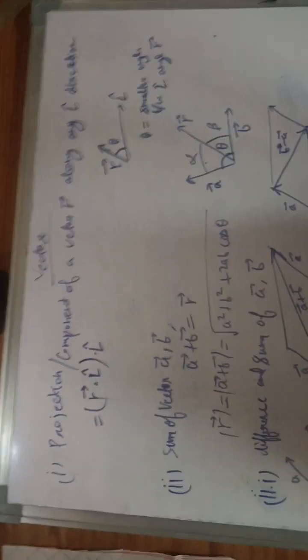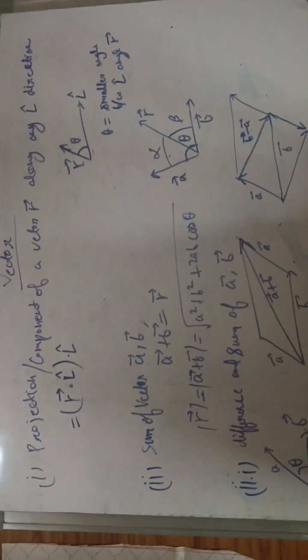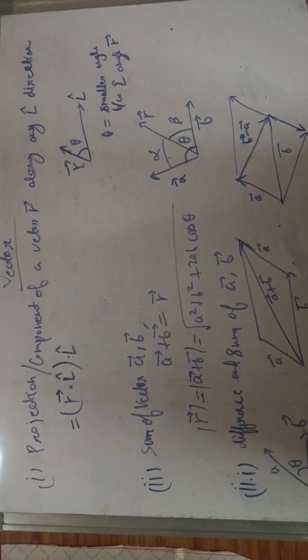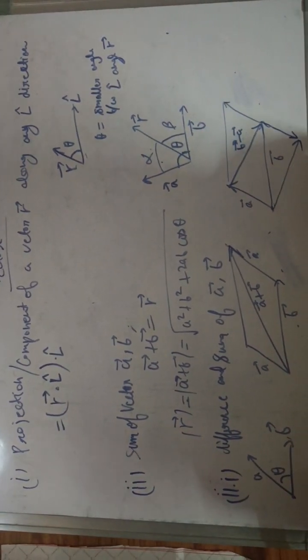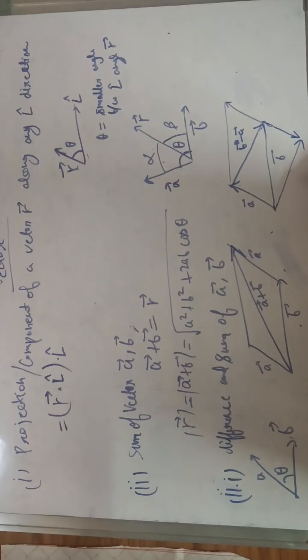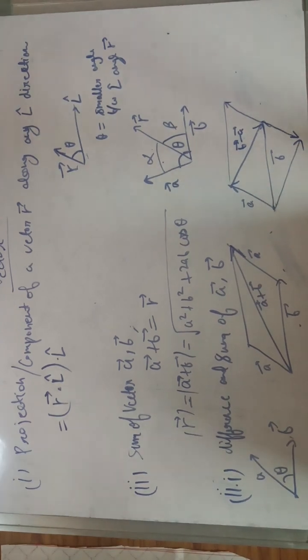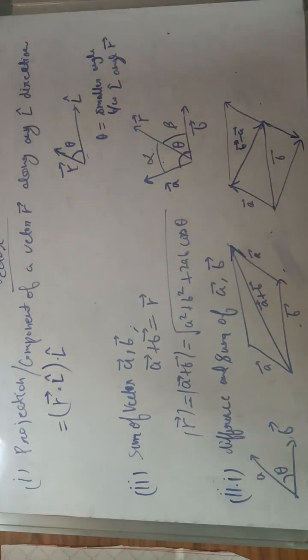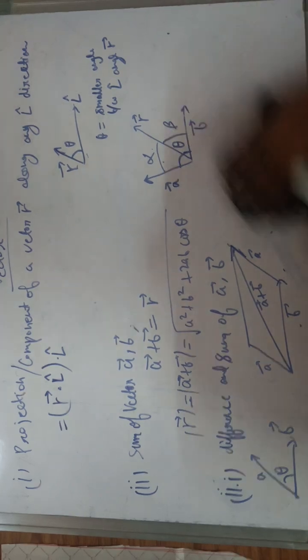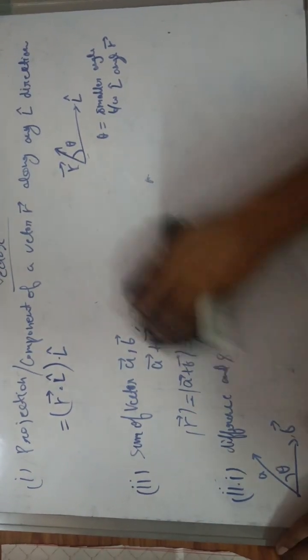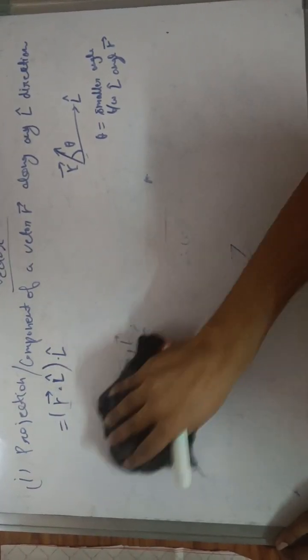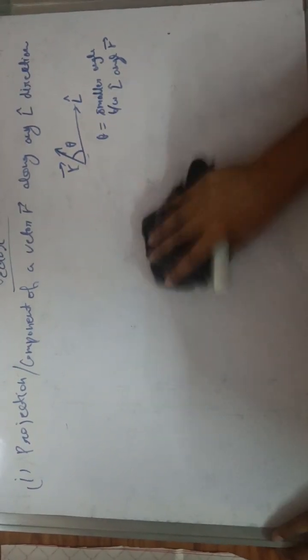So this was our first two topics. Now moving ahead, we have another thing called writing a vector as a sum of two other vectors.